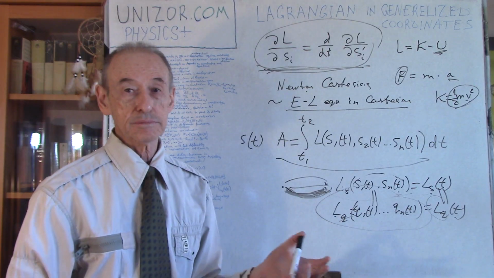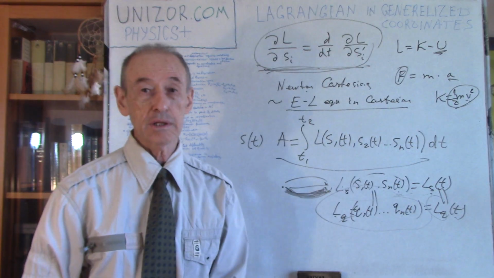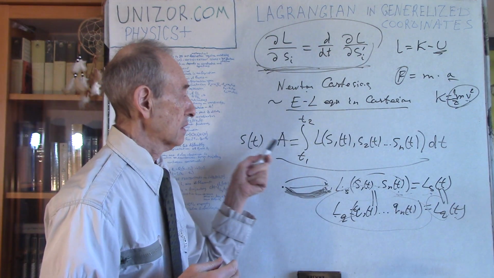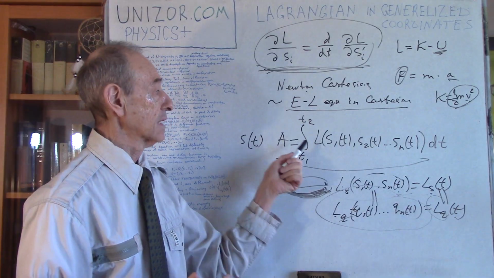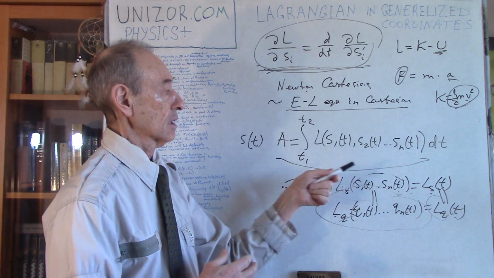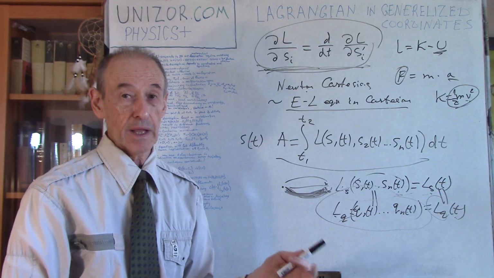Energy is energy. It's a physical reality. And so is the action integral. So the action is basically a physical reality, and extremization of this action among different trajectories is also a physical reality.